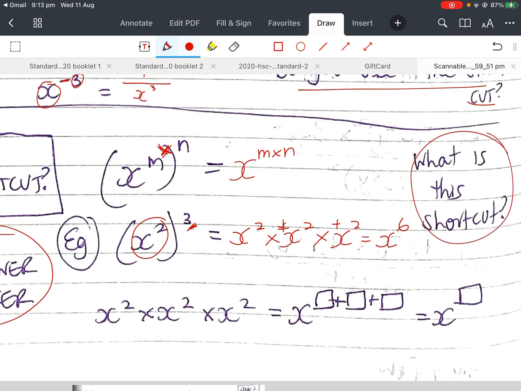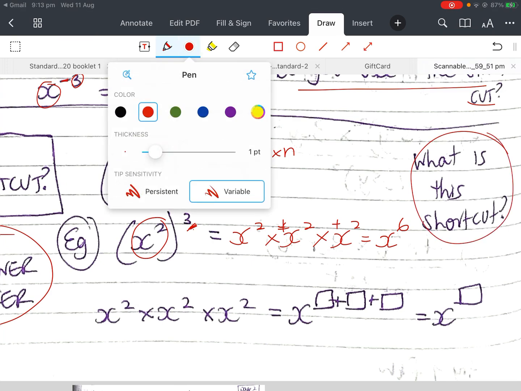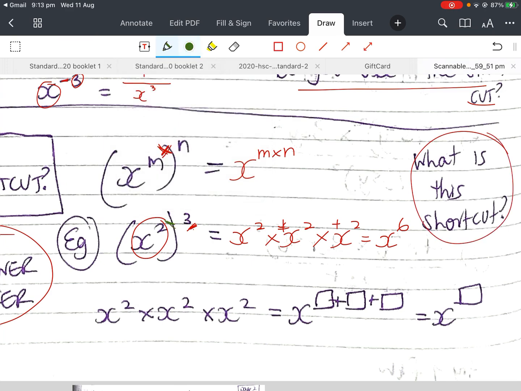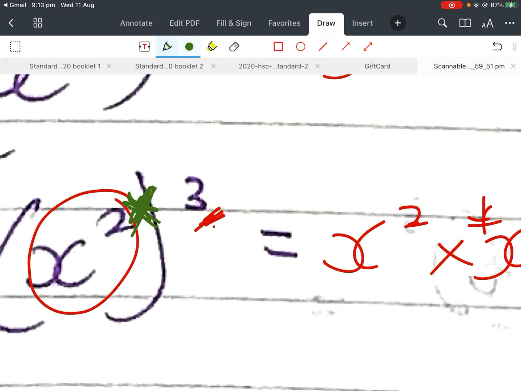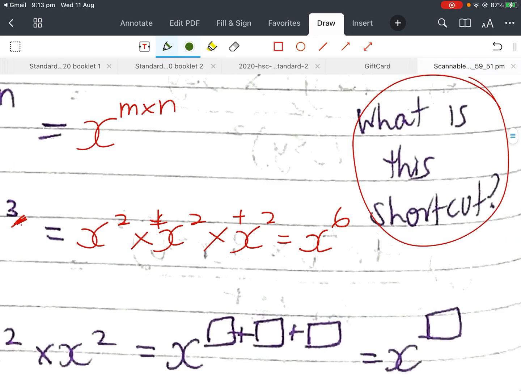And the shortcut would be to just put a big times in between here. Make it big so it makes more sense. So x to the power of 2 times 3, and hopefully you know that 2 times 3 equals 6.